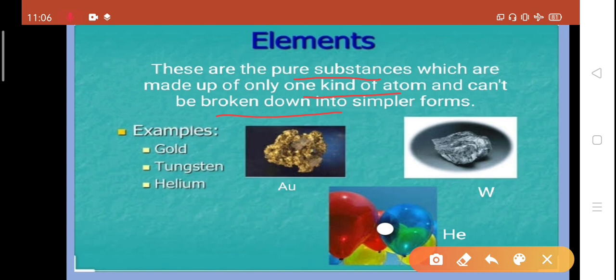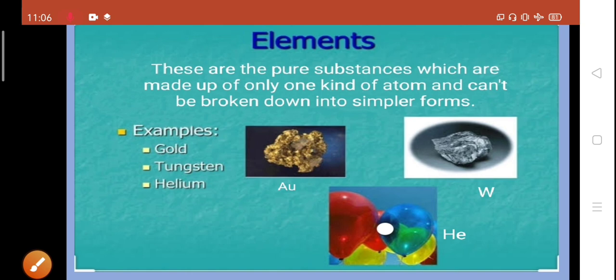We cannot break these elements by any physical or chemical method. Its examples are gold, which is symbolized as Au, tungsten, which is symbolized as W, helium, which is symbolized as He.